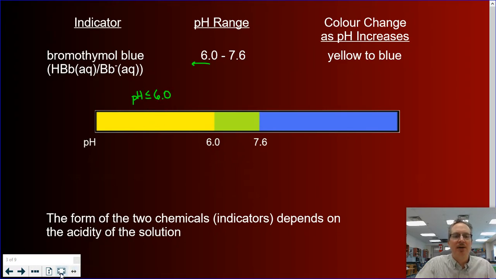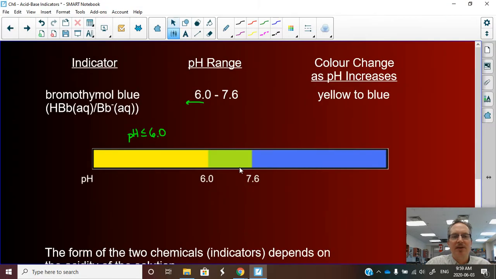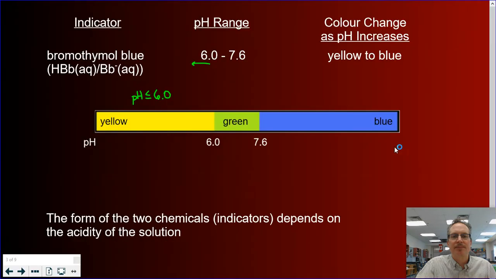And we'll get the colors on here. So anything 6.0, including 6.0 and less, is yellow. So pH less than or equal to 6.0. Again, let's do blue because it's the next easiest. So anytime the pH is greater than or equal to 7.6, it's going to be blue.